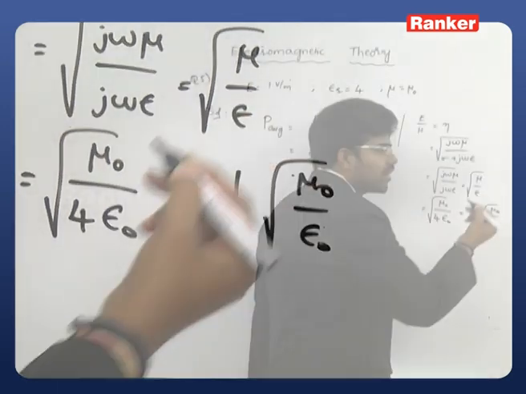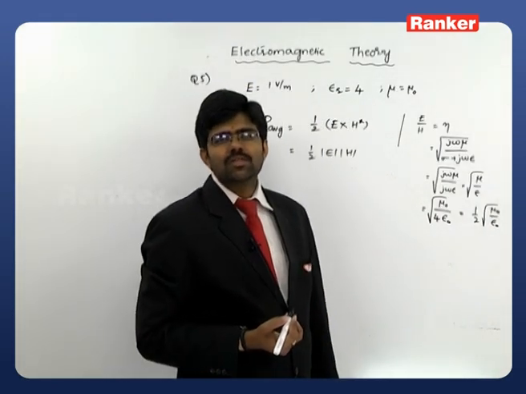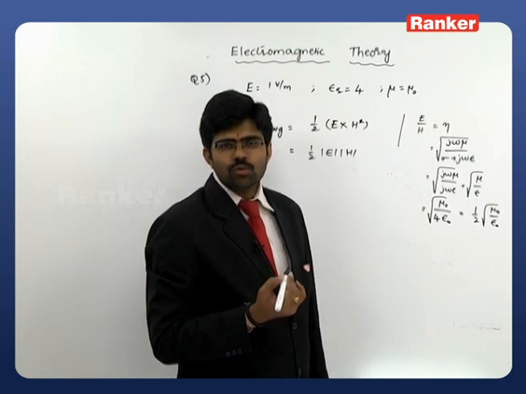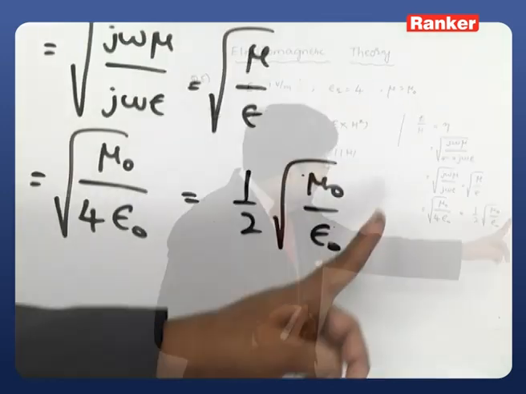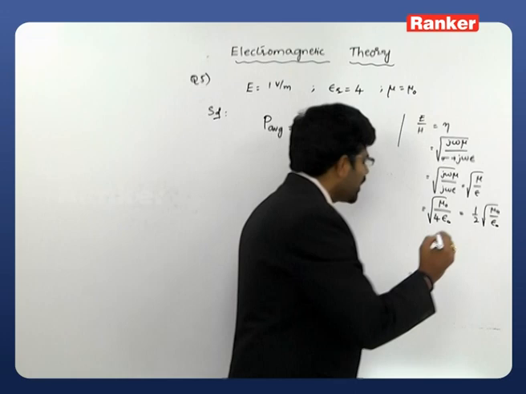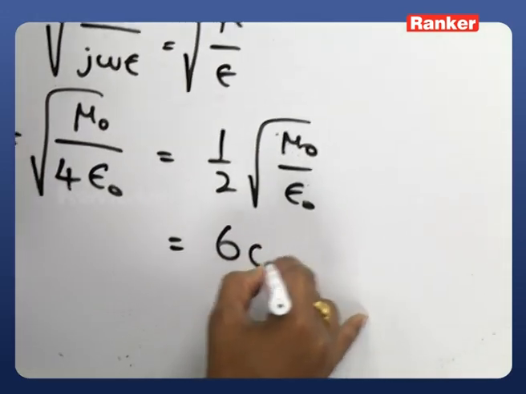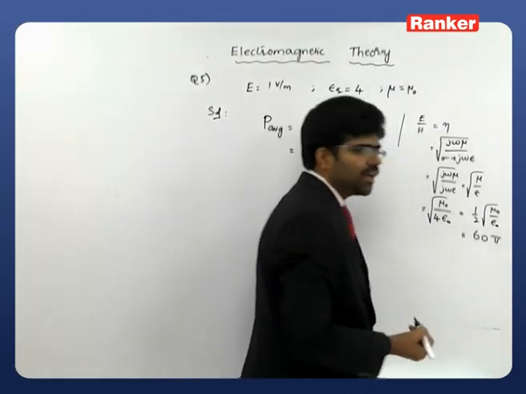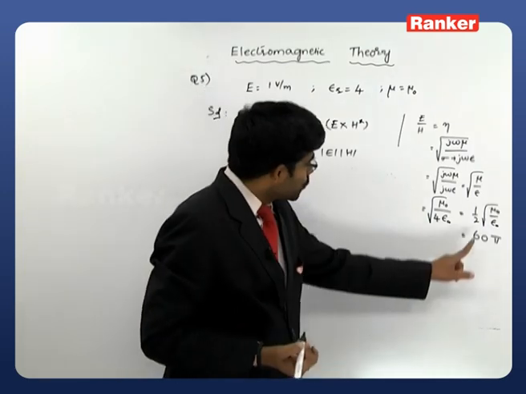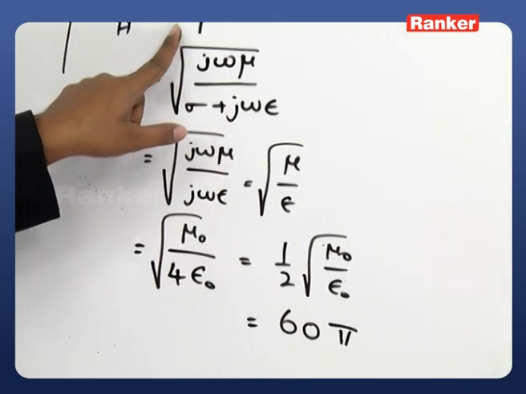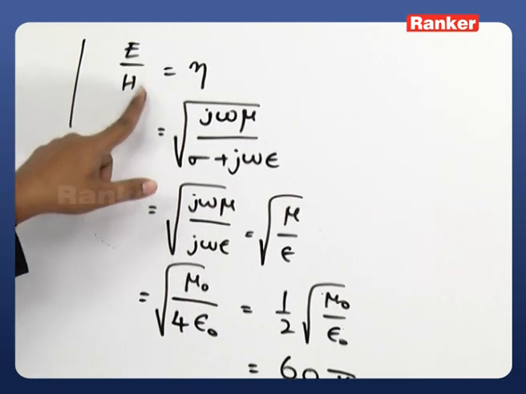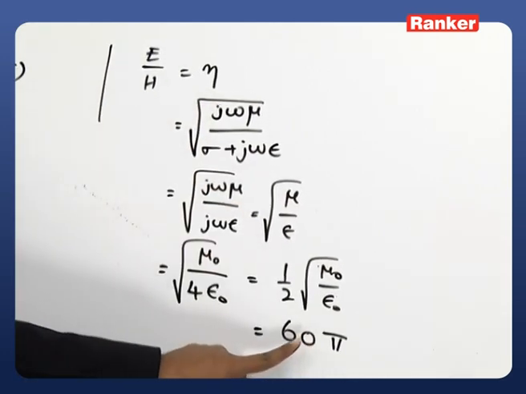This is a constant, the free space characteristic impedance, which is equal to 120 pi. Directly substitute 120 pi here, then what we get is just 60 pi. 120 divided by 2 is 60 pi. So the characteristic impedance of the medium is known to us. So E by H is equal to eta, that is nothing but our 60 pi.